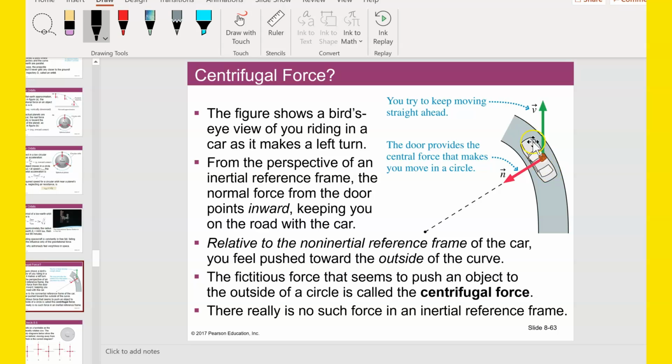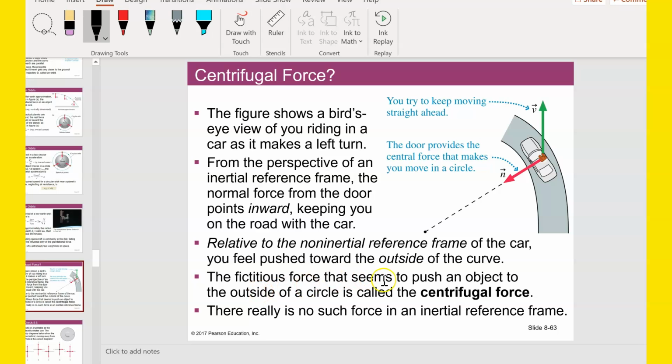But a non-inertial reference frame is where that doesn't really feel that way. Non-inertial reference frames are anything where you have an acceleration. If there is an acceleration present and you're inside of that acceleration, you're now in a non-inertial reference frame.